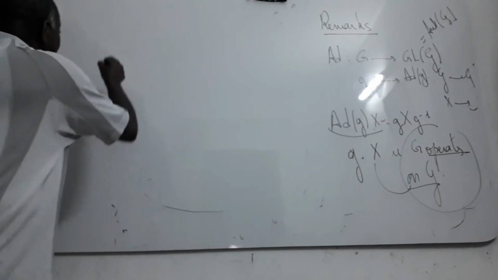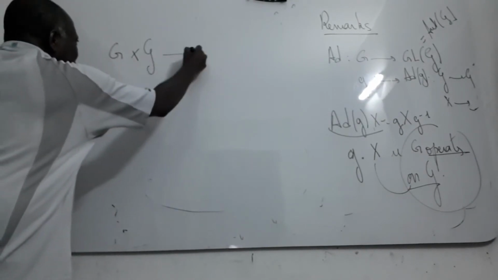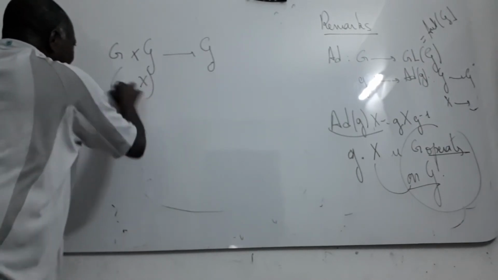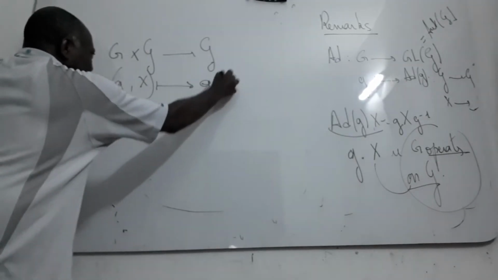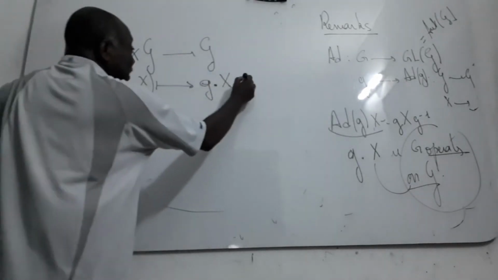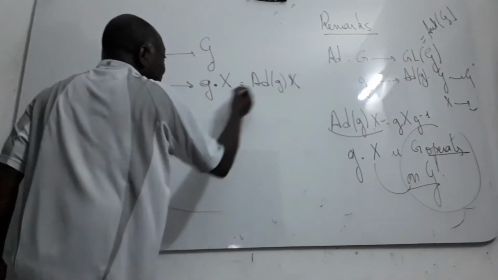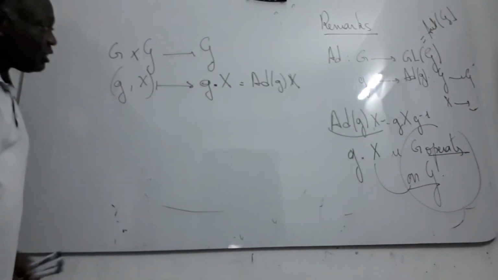It's just, if you have G acting on the Lie algebra, for all G and X. This action of G is like this. We just take the operation of G on the Lie algebra.